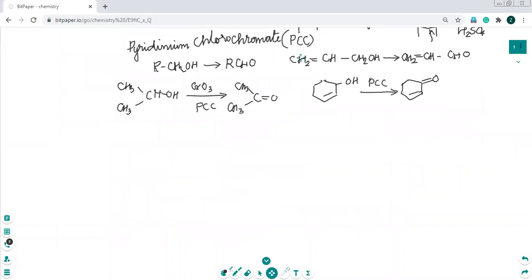Now another method is a similar oxidation reaction. Instead of taking an oxidizing agent, you can have a different approach.